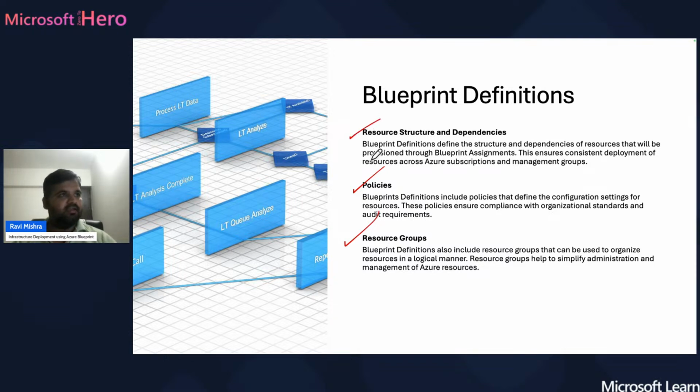I can define it inside the Azure Blueprint. I can select the locations where I want to apply this Azure Blueprint, at the management group level or at the subscription level. I can choose where that deployment should go.